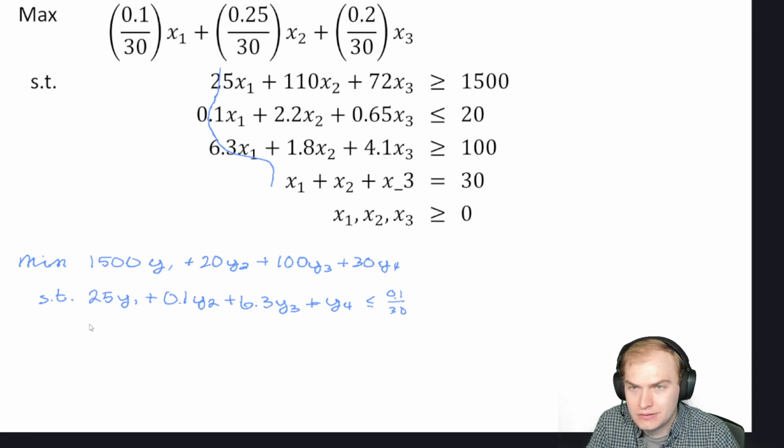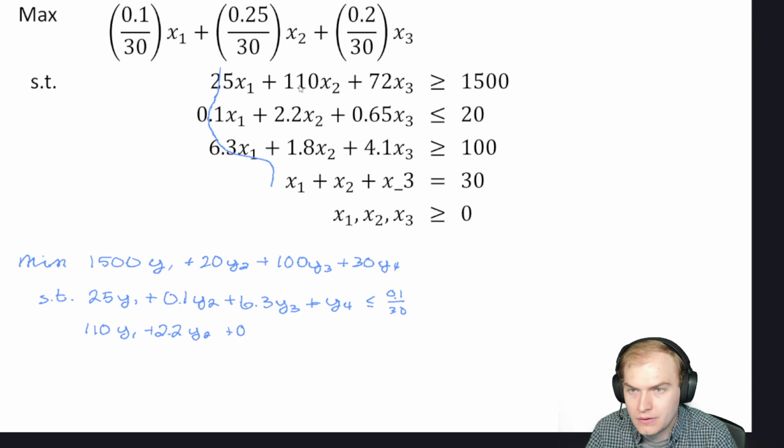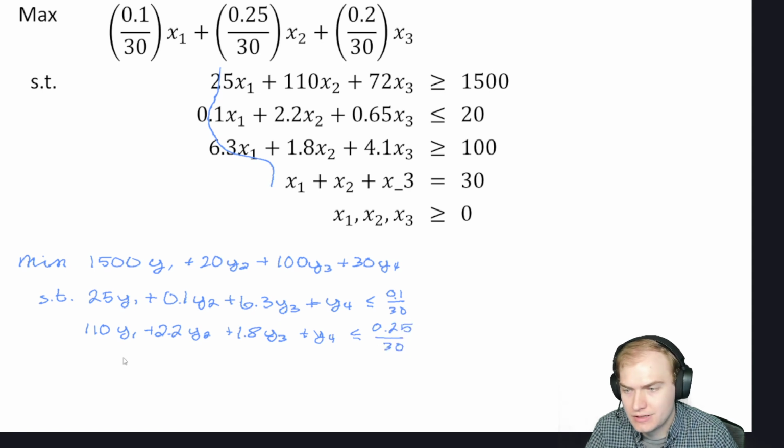Then the second column, 110 y1 plus 2.2 y2 plus 0.65. Oh, nope, nope. Plus 1.8 y3 plus y4 should be less than or equal to 0.25 over 30.